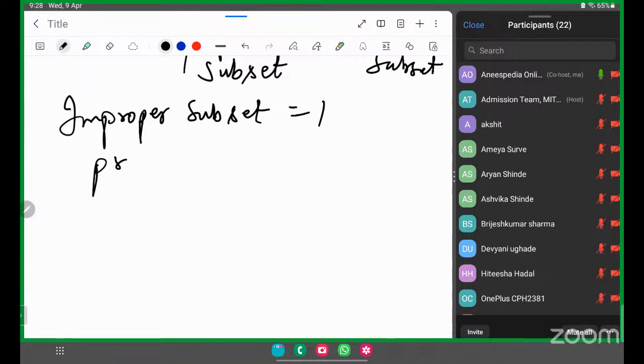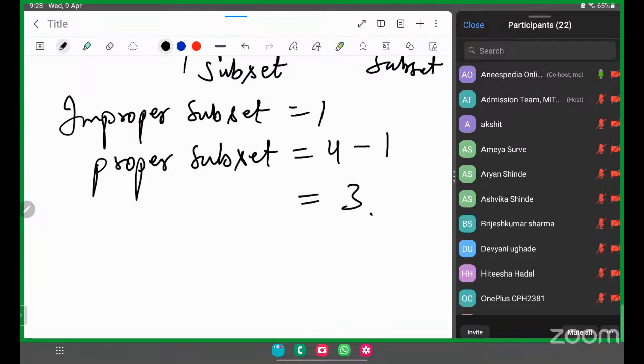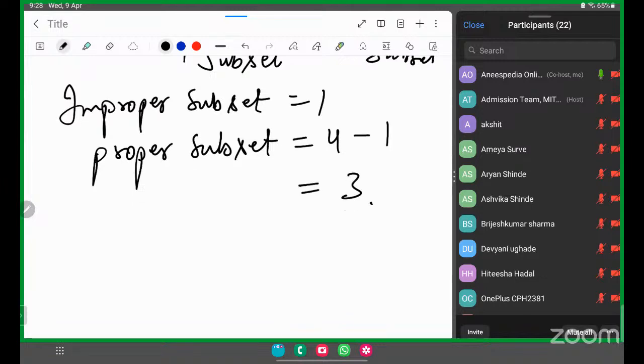So the proper subsets left are total subsets minus improper. There will be 3 proper subsets. Understood?